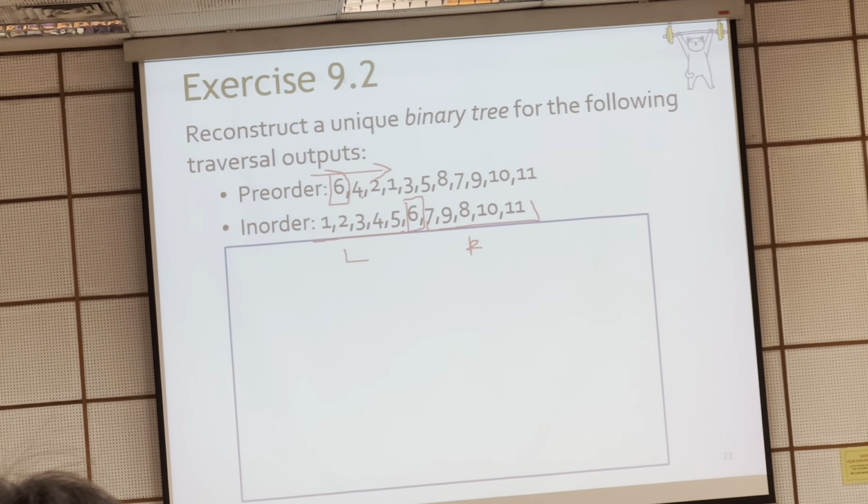Next number after 4 is 2. Where's 2? 2 is here. This is the child here, this is left and this is right.